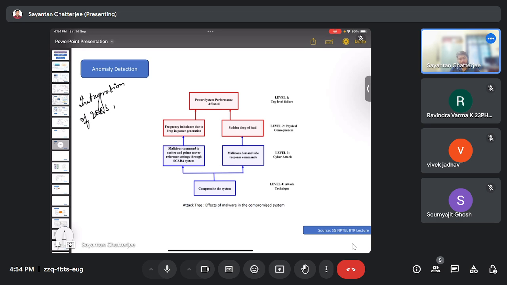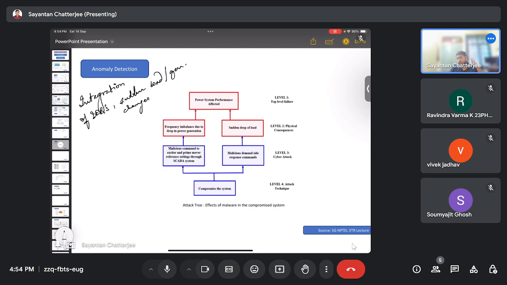I would rather say that sudden load changes or generation changes have become a basic part of the entire power system nowadays.